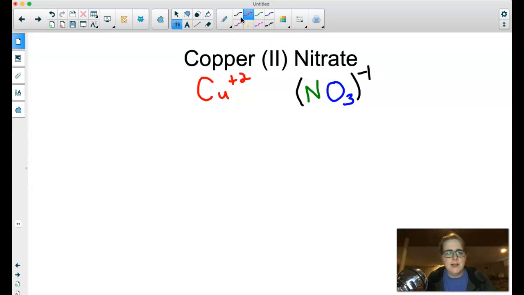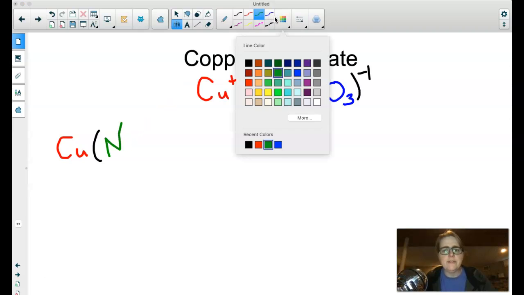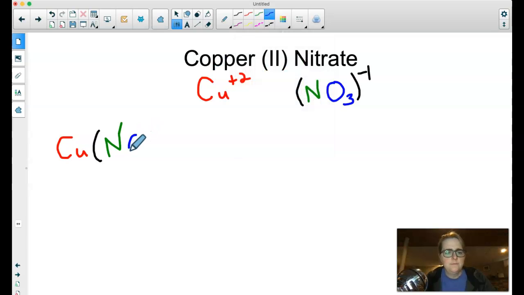So in my formula, I'm going to need 2 nitrates to go with my copper if I'm going to end up with a total charge of 0. So that means I have to make sure I put my nitrate, my NO3, into parentheses. And then to show that I've got 2 of everything inside there, I put my little 2 after the parentheses.